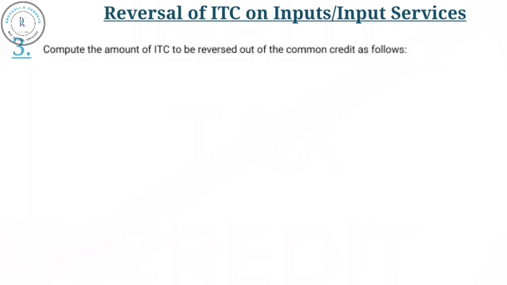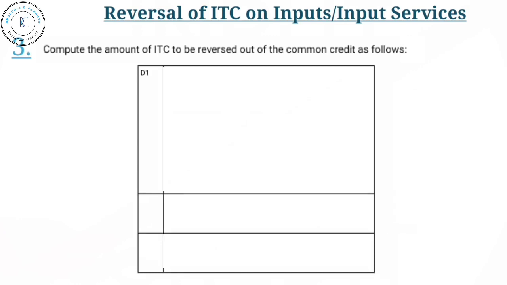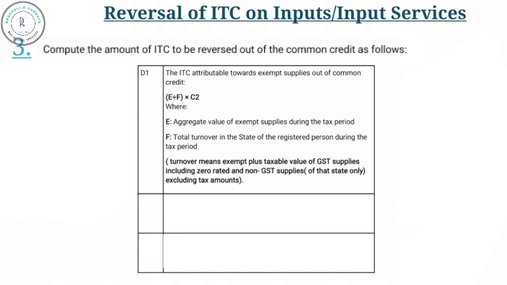Compute the amount of ITC to be reversed out of the common credit as follows. D1: the ITC attributable towards exempt supplies out of common credit, E divided by F times C2. Where E is aggregate value of exempt supplies during the tax period, and F is total turnover in the state of the registered person during the tax period.